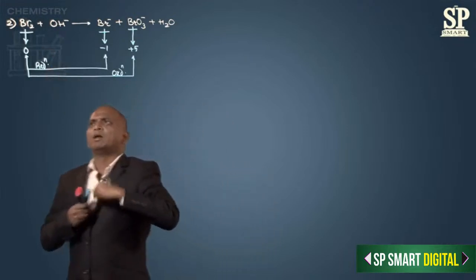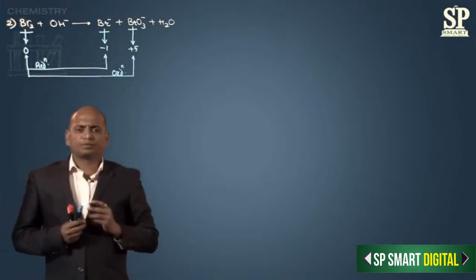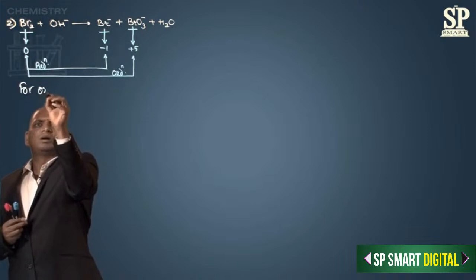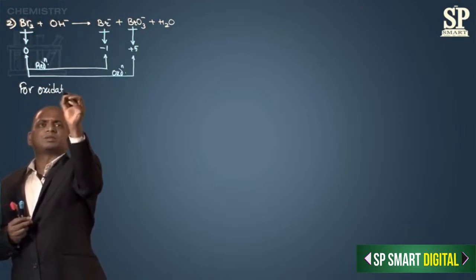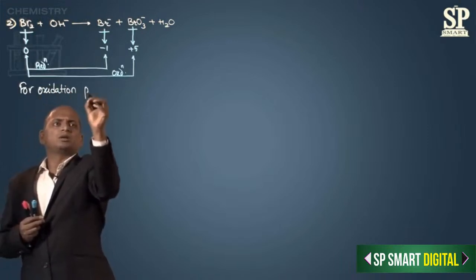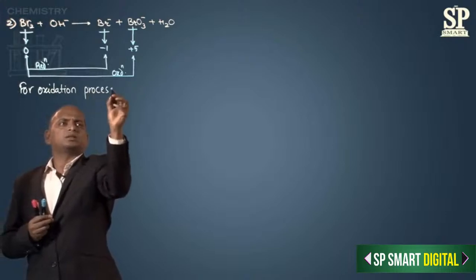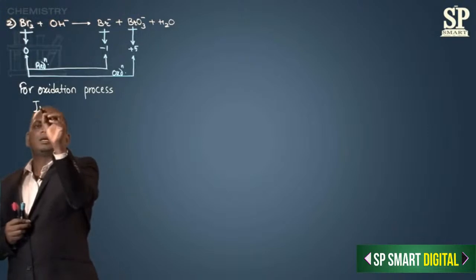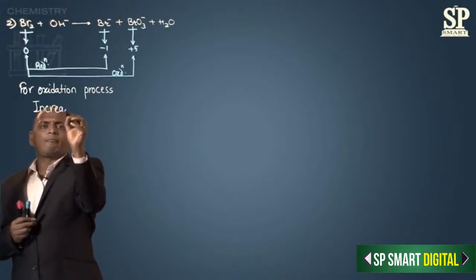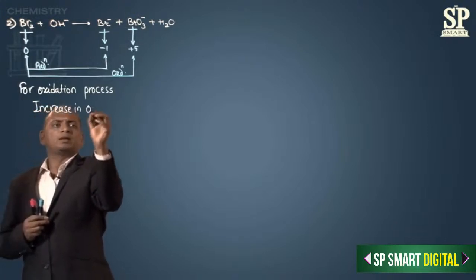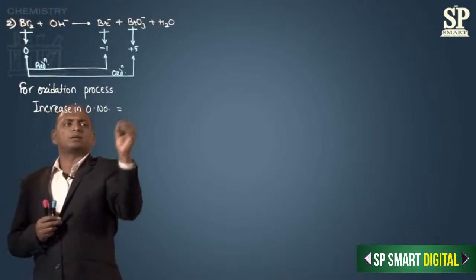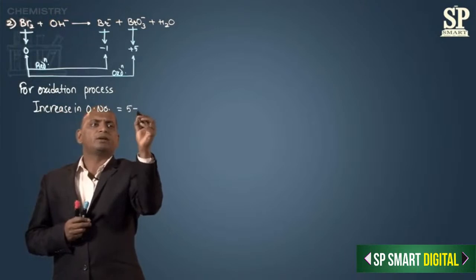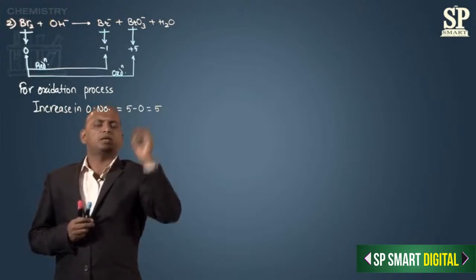So what will we do? For the oxidation process, the increase in oxidation number is 5 minus 0, which is 5.